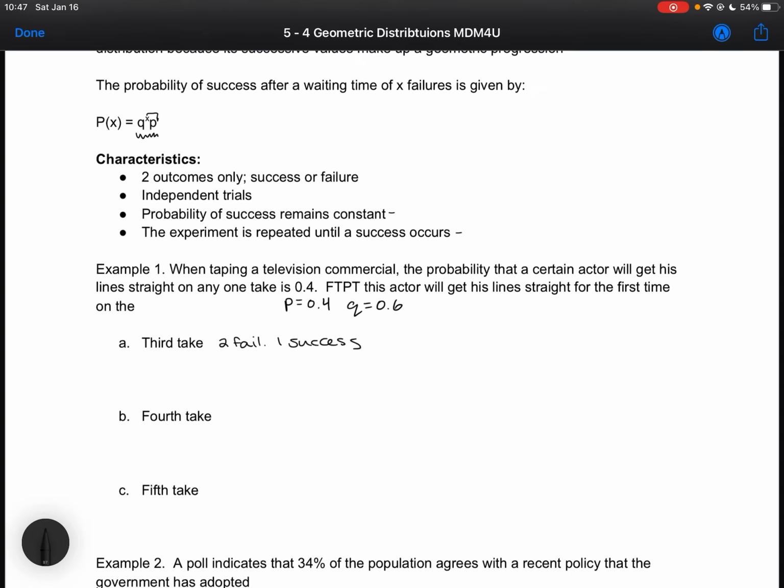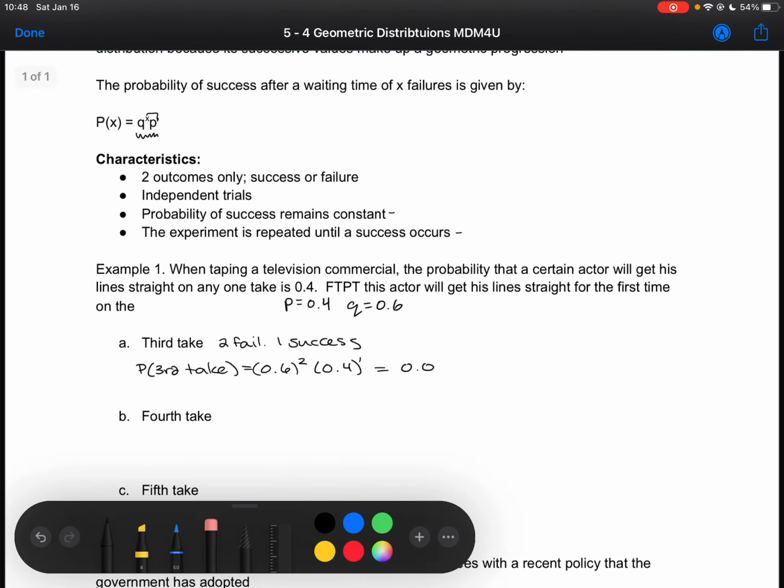So I would express my probability as the probability that he gets it right on the third take is 0.6 squared, those are the 2 failures, times 0.4 to the 1 for 1 success, which is going to give me a probability of 0.144.